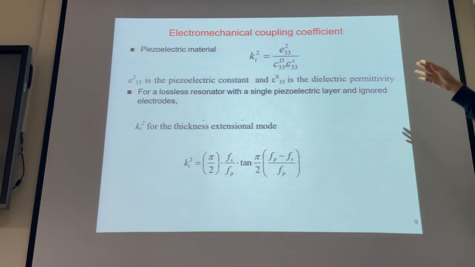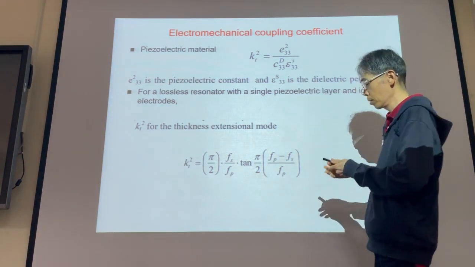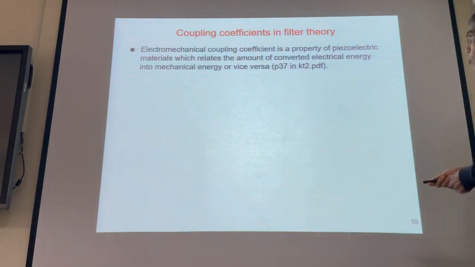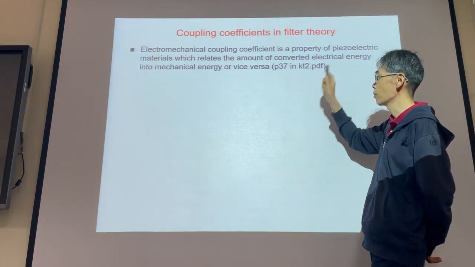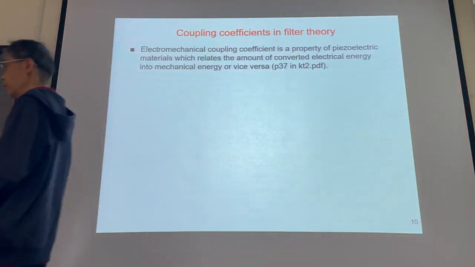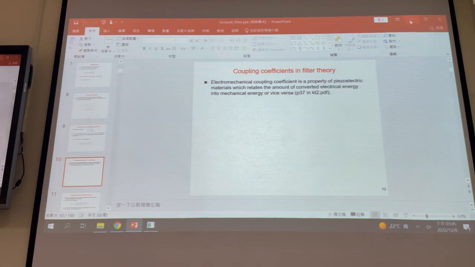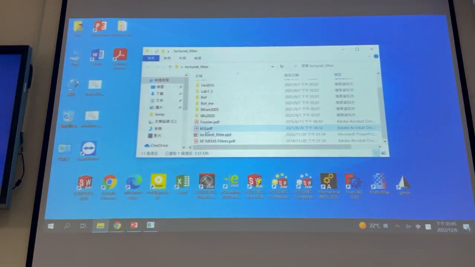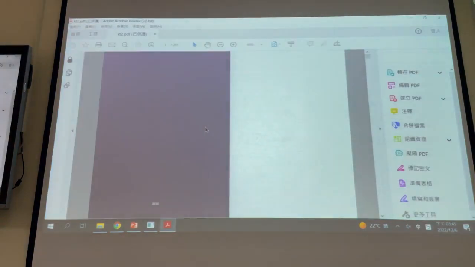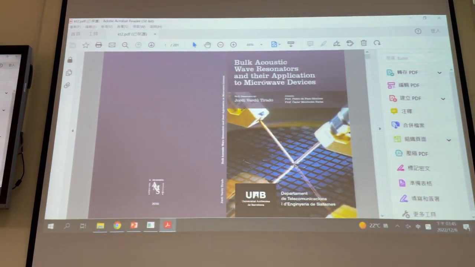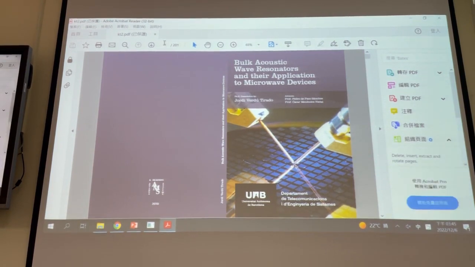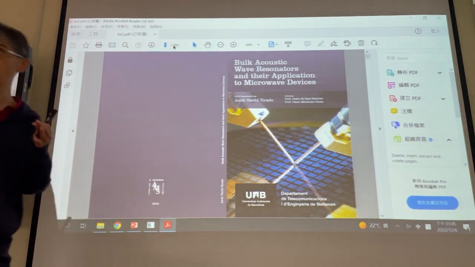Okay, for the derivations of that, you could go to kt2.pdf, page 37. If you go to iLearning, go to lecture 6, kt2 PDF. If you go to page 26, you will find how to derive the kt squared.